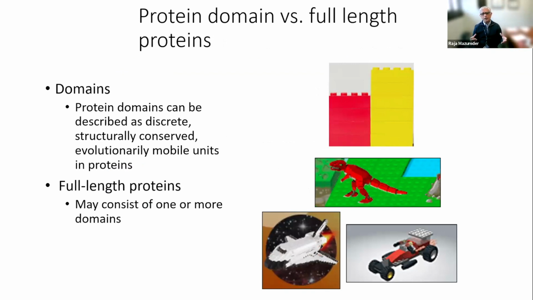So domain A can be with domain B in a particular organism, such as human, but in bacteria, domain A and B can be completely different proteins, or the B and A can be flipped in terms of where it is on the protein, or there could be insertions and so on. So all of this increases the protein's functional space, the repertoire of things it can do.